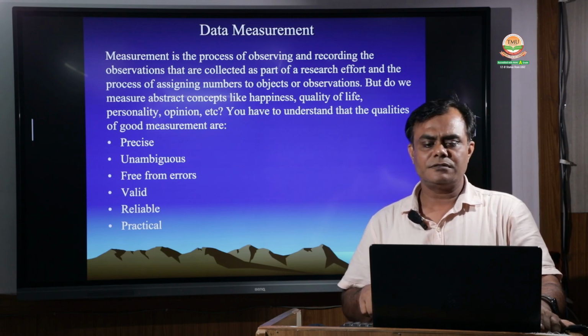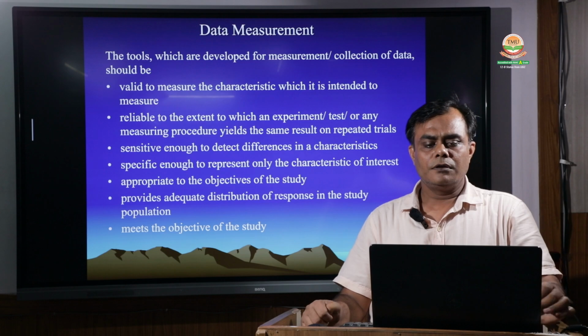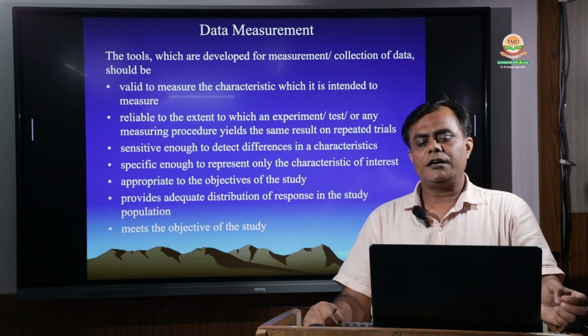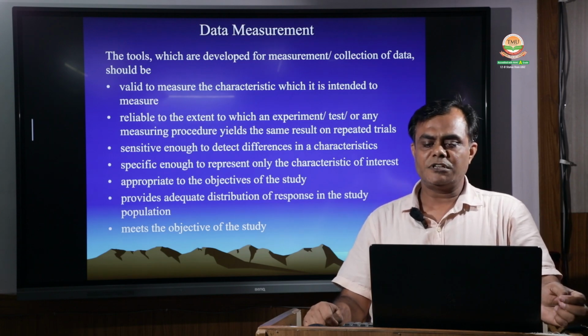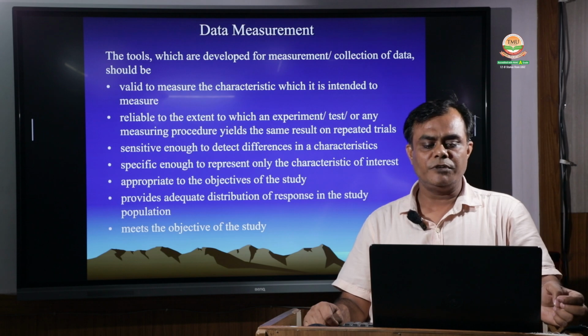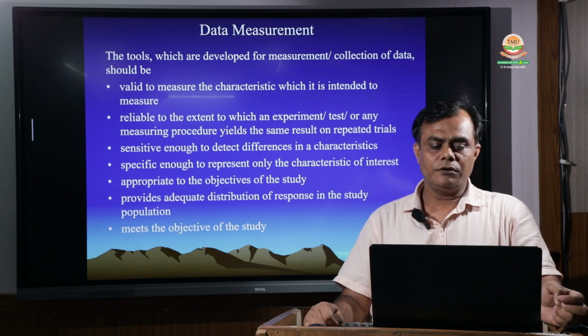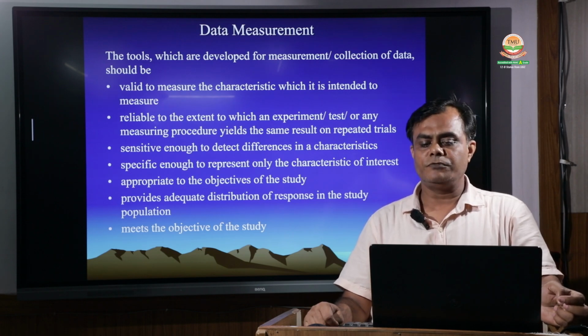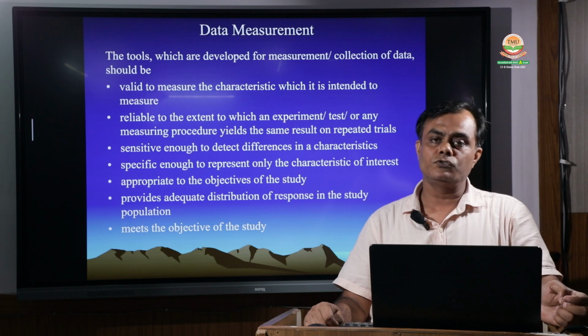So the next slide is: the tools developed for measurement and collection of data should be valid, to measure the characteristics they are intended to measure.